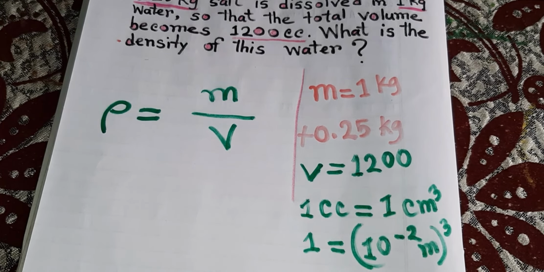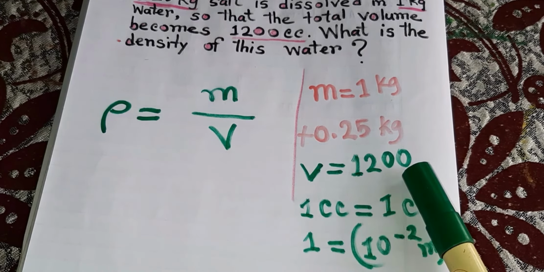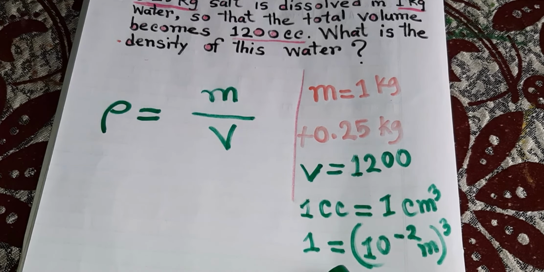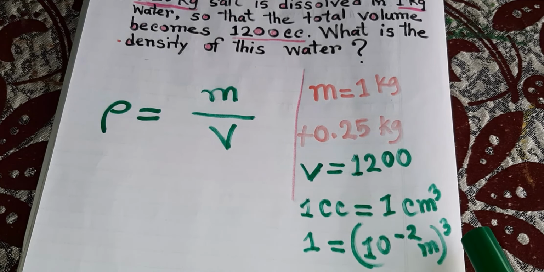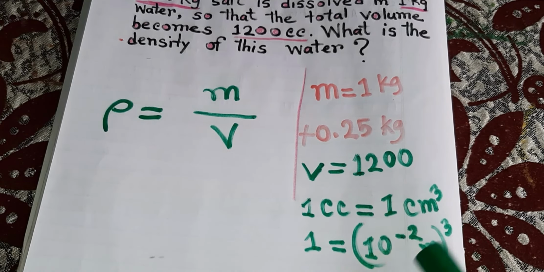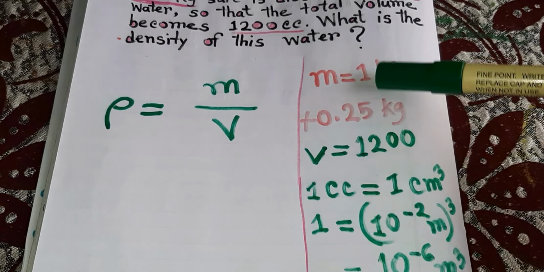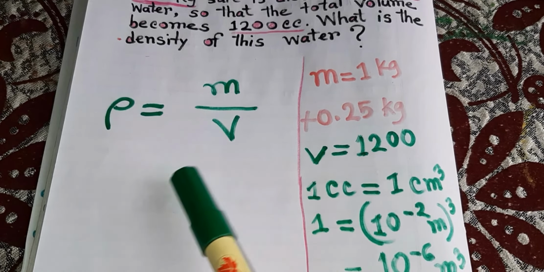We know 1 cc equals 1 cubic centimeter, and we can write 1 cc equals 10 to the power minus 6 meter cube. If we change it like this, whatever we got here we just put in and calculate.